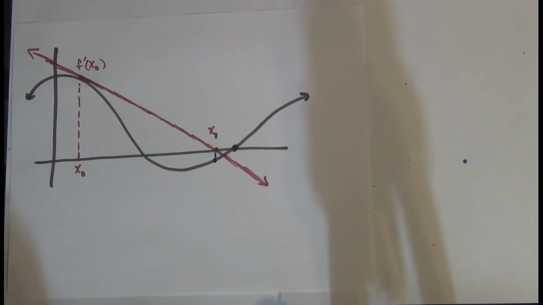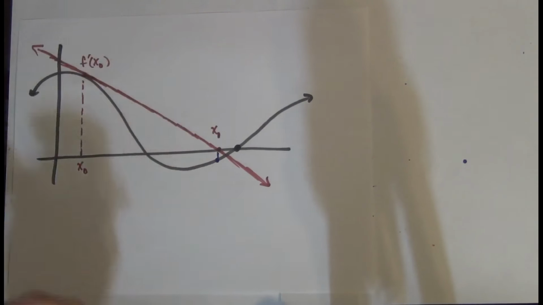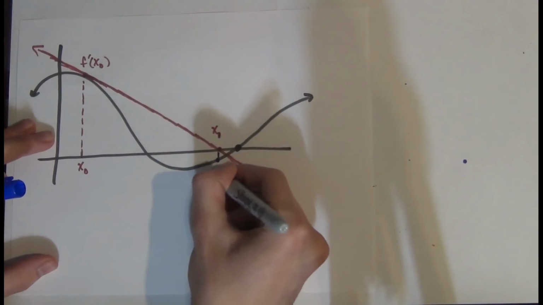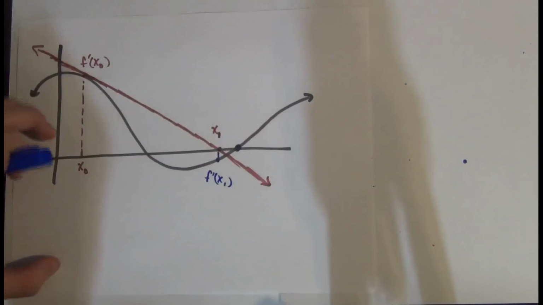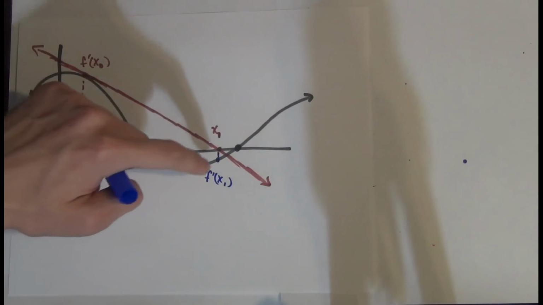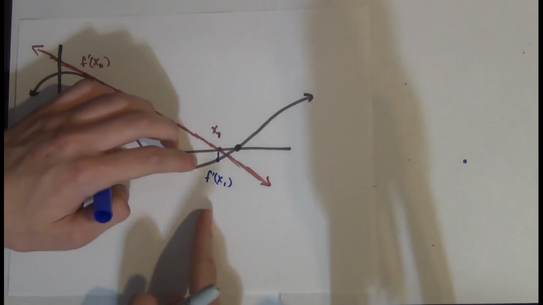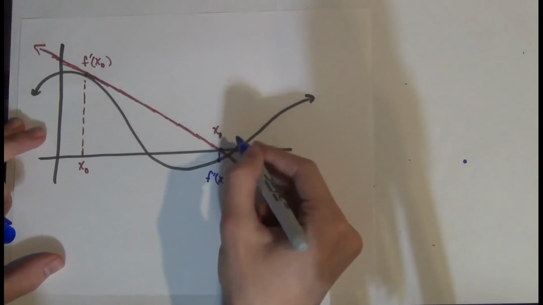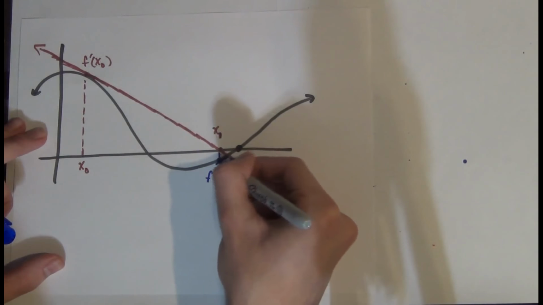So now I'm going to find the tangent line at this point. So this guy is f prime at x1. I'm going to find the tangent line of this guy at x1. The tangent line looks like it's doing something like this.